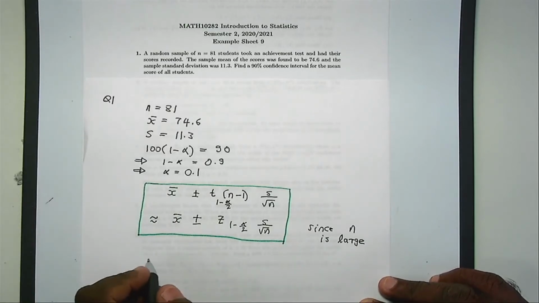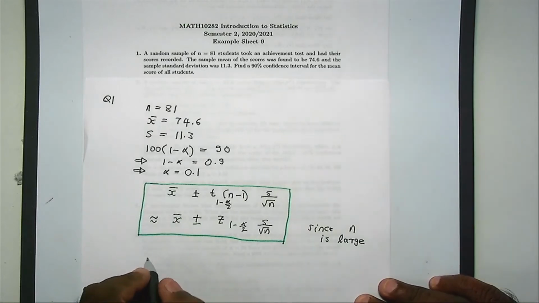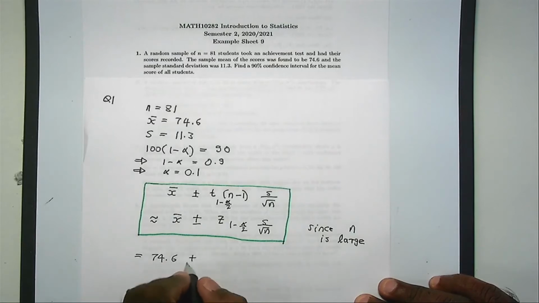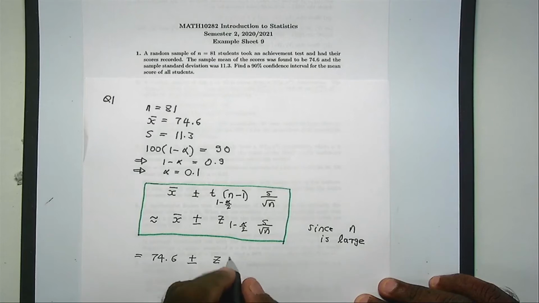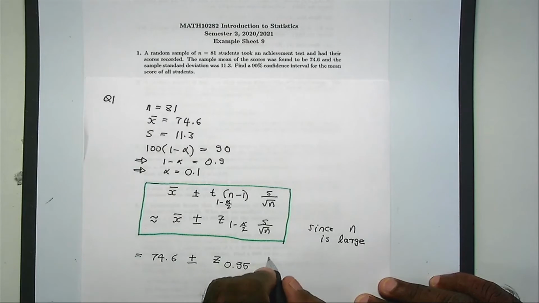Your x bar in this case is 74.6 plus or minus z at 1 minus alpha by 2, which will be 1 minus 0.05, which is 0.95. s is 11.3, n is 81.